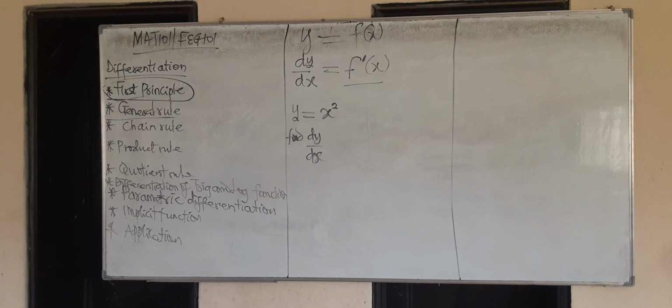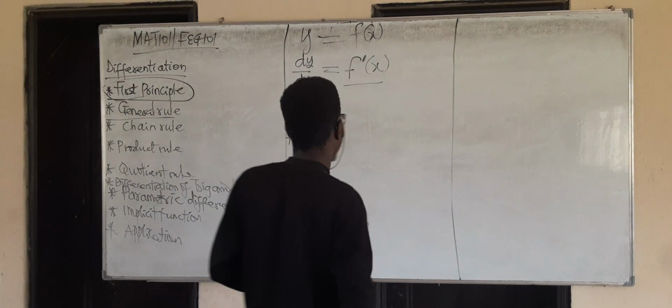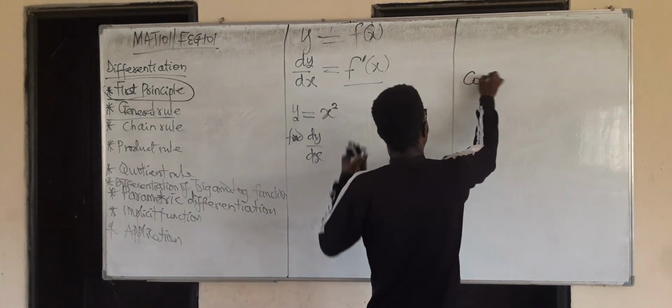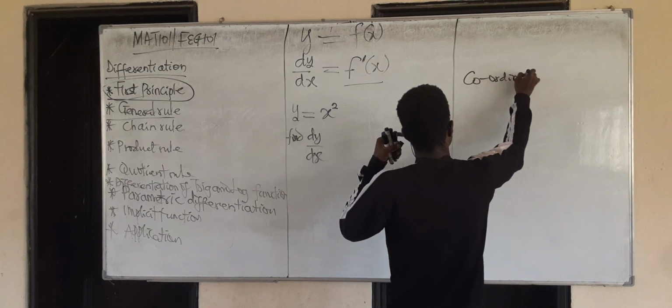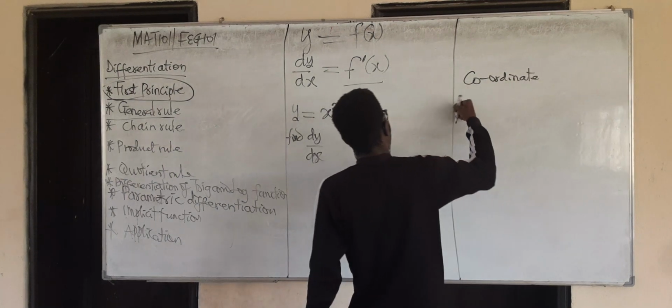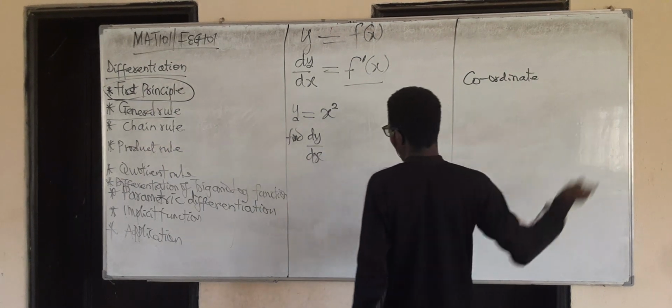Okay, first of all, we should appreciate the fact that before you actually learn differentiation, there is a topic that you should have mastered, and that topic is coordinate geometry. There are prerequisites to differentiation. We have coordinate geometry, where you have the equation of a straight line.